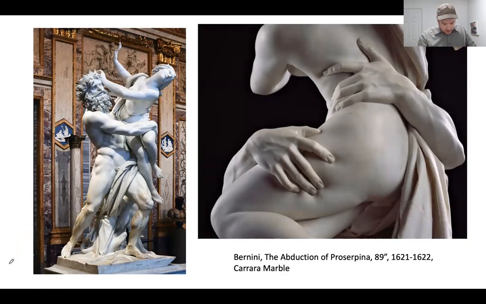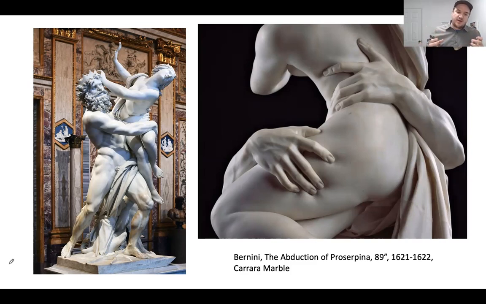And then I just want to talk a little bit about how amazing Bernini was as a sculptor. This is the Abduction of Proserpina. This is Pluto trying to take Proserpina to the underworld, and she's struggling to get away. There's nothing inactive about this sculpture.